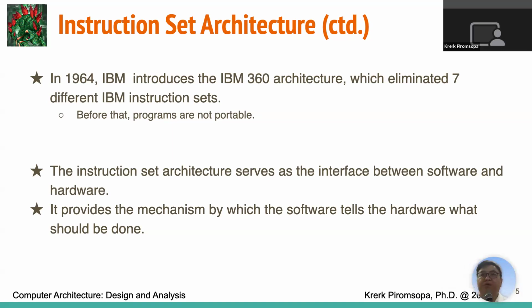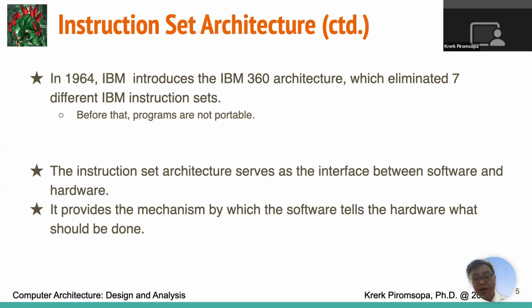But every system that came out had a new instruction set. What does that mean? It means when you buy a new IBM mainframe computer, you have to trash your software and start writing new software from scratch because it's not compatible.